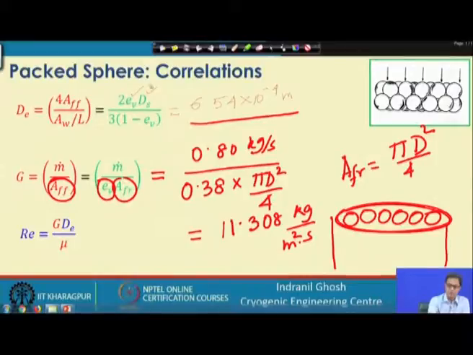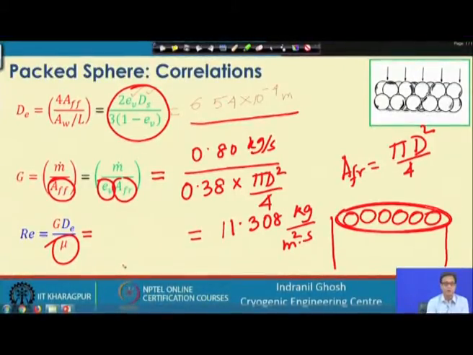So, we have the value of the equivalent diameter, we have the value of G, and what we need to know is the viscosity of the fluid. The fluid is nitrogen at an average temperature of 200 Kelvin, and its pressure is already known. At that temperature and pressure, we have to evaluate the properties of nitrogen, and mu will come out to be 12.947 into 10 to the power of minus 6.